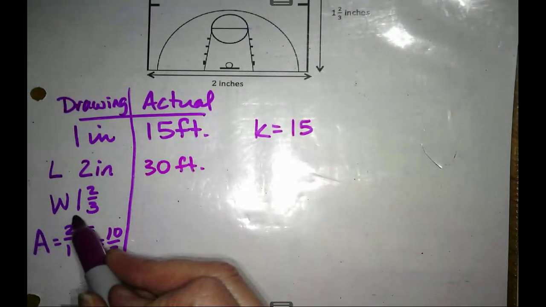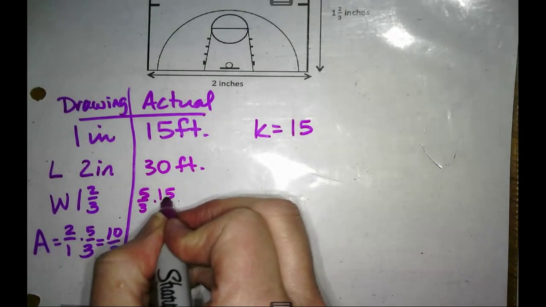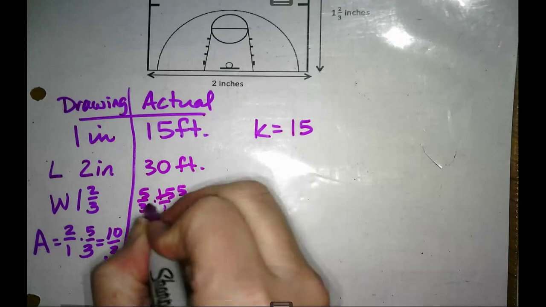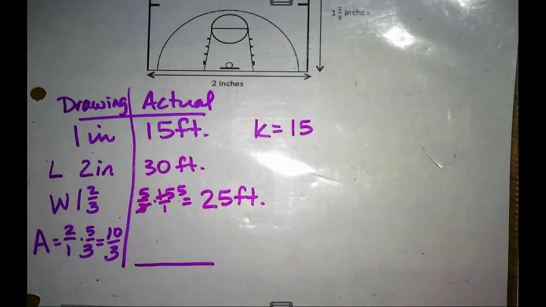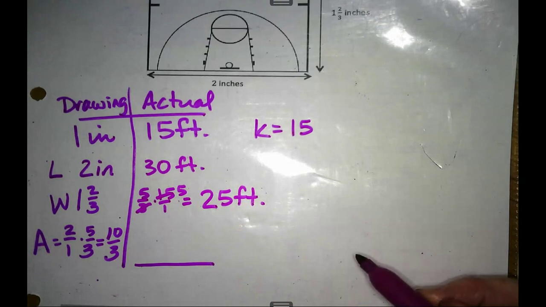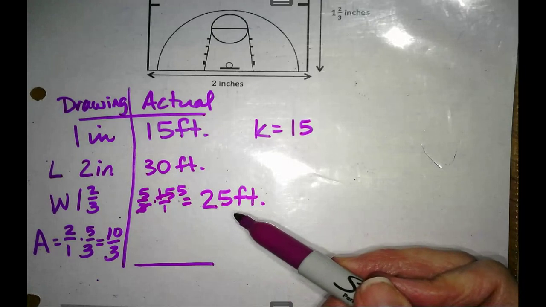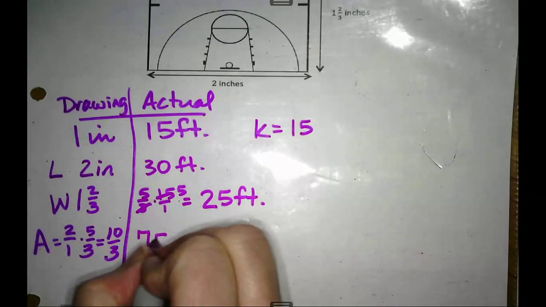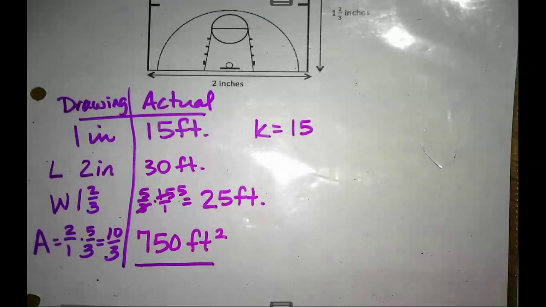And 1 2/3, 5/3 times 15, which is 25 feet. Then to find the area, I can do 30 times 25 feet, and that gives me 750 square feet. That's one method, but that's a method that takes several steps and leaves me a lot of room for error.